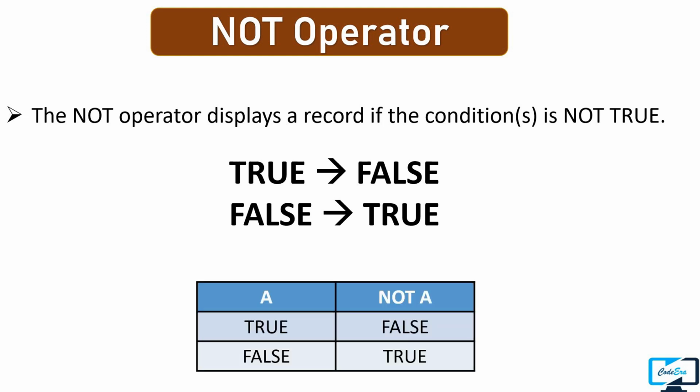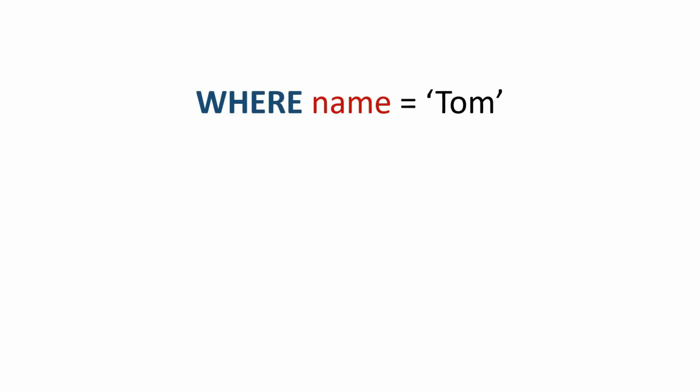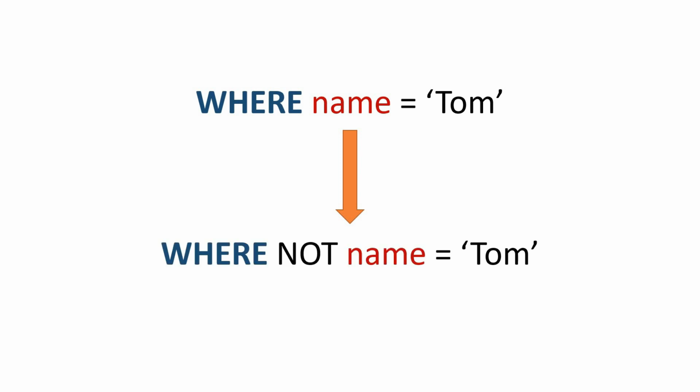For example, our condition is where name equal to Tom. This condition will give us the record which has name equal to Tom. But when we use the NOT operator with this condition, which is where not name equal to Tom, then it will give us the records which have name not equal to Tom.